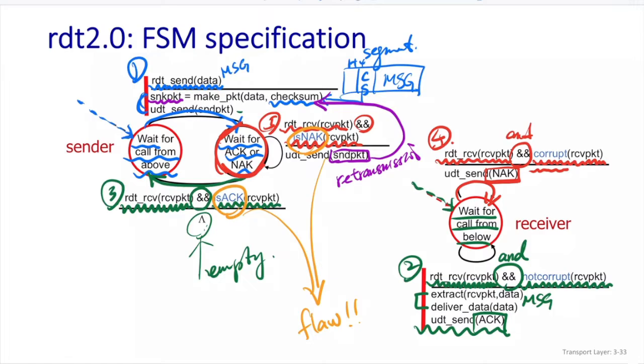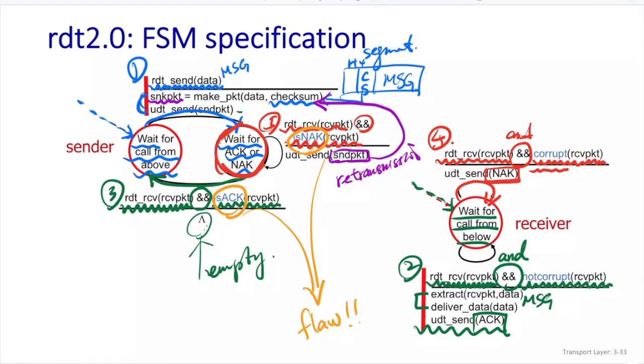There's something wrong with these two functions. When the sender gets the packet from the receiver, it should specify whether the receiver received the packet correctly, or the receiver received a corrupted packet.